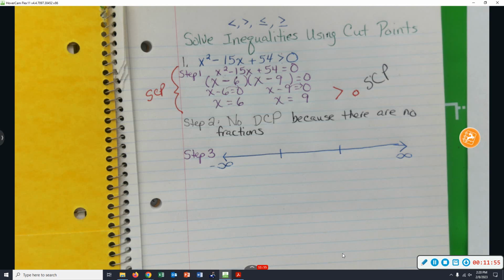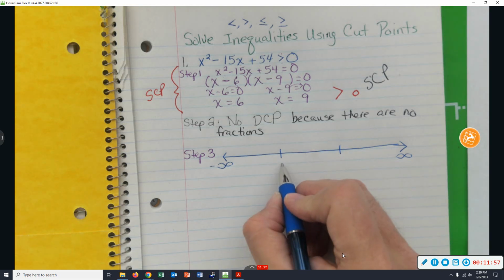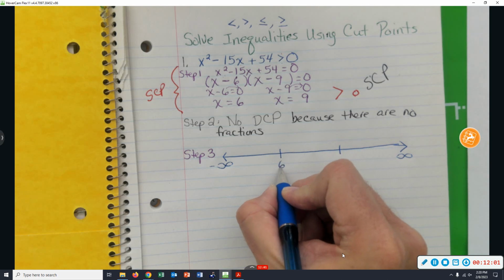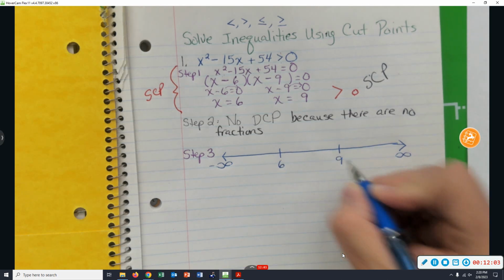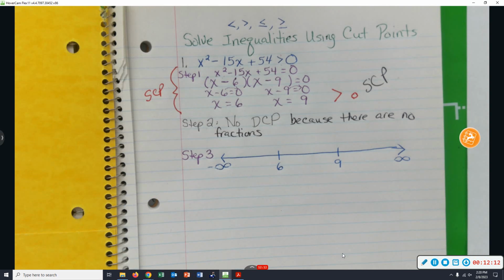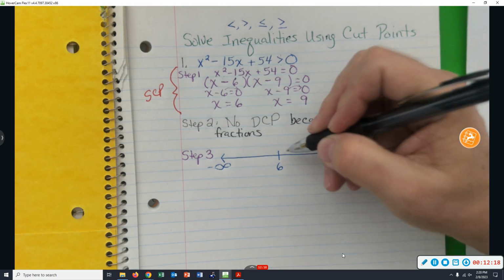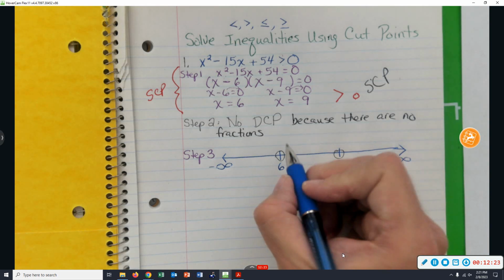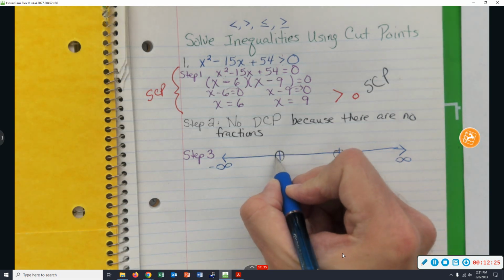You might laugh at me saying this, but if you put the 9 here and the 6 there, then that's an infinity on both sides. Label each of these with the open circle.